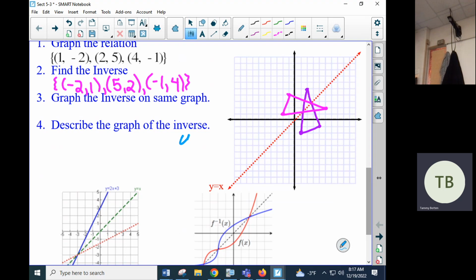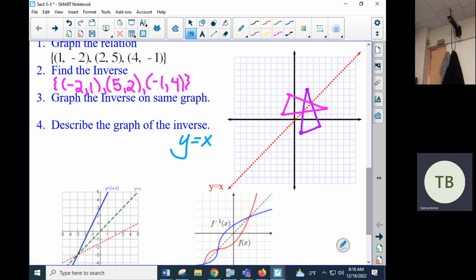Like if you plotted the line y equals x, it would start at 0 and the slope is 1, so it would go up 1 over 1. So in all of our graphs today, we're going to be plotting lines more than figures, but what we start with and what our inverse is should be reflections over the line y equals x. If they are not, then that means you've done something wrong.